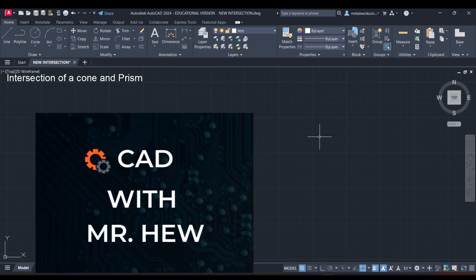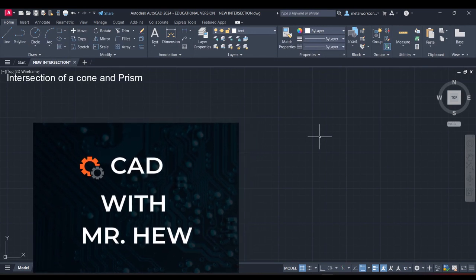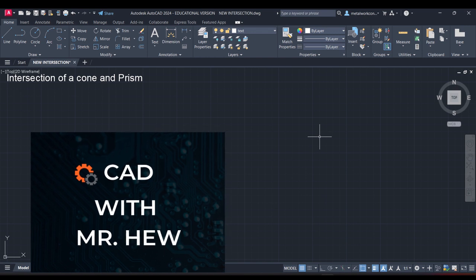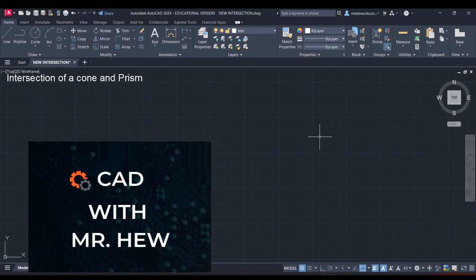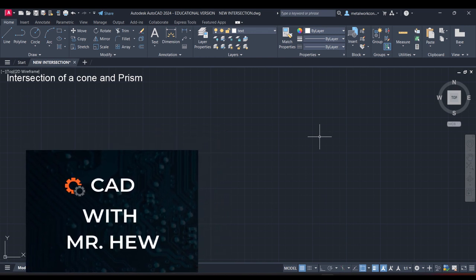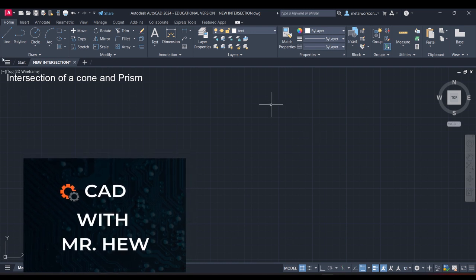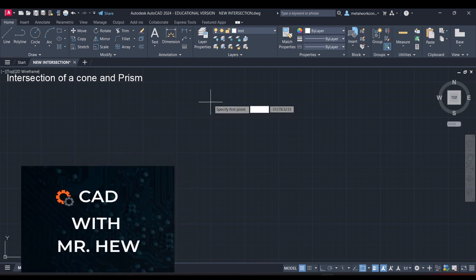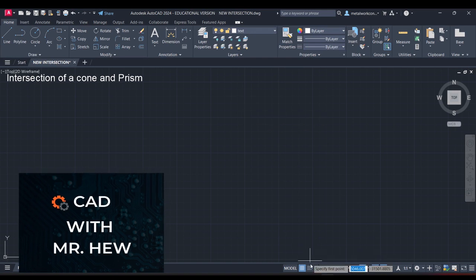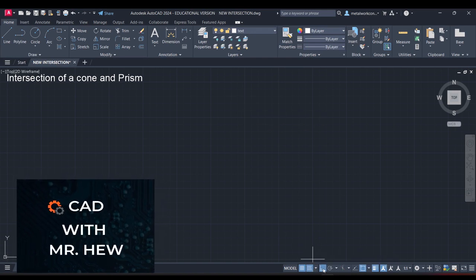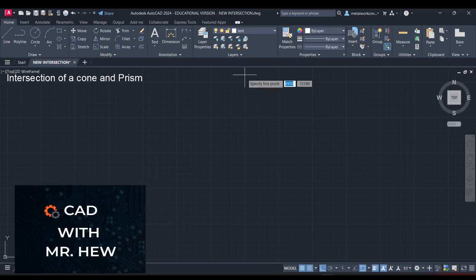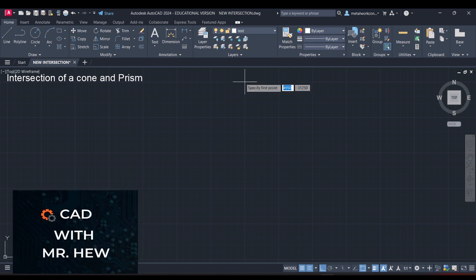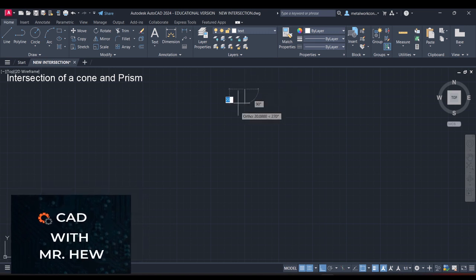As mentioned in the introduction, in today's video we'll be looking at the intersection of a right cone and a prism. The first thing we're going to draw is the cone, and then we're going to draw the prism in the front elevation.